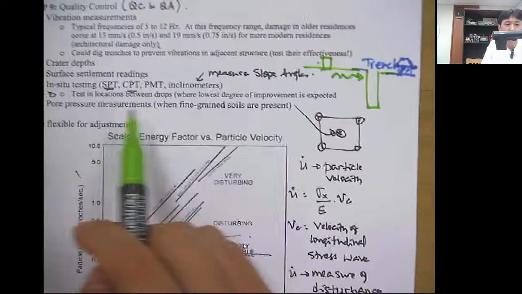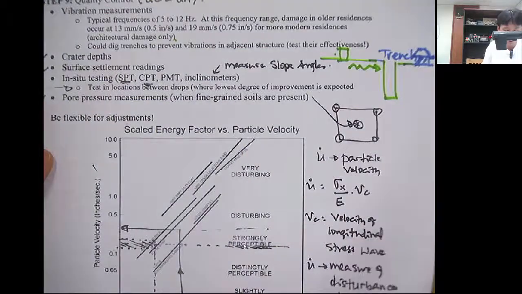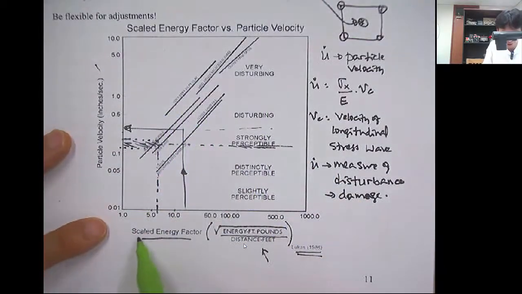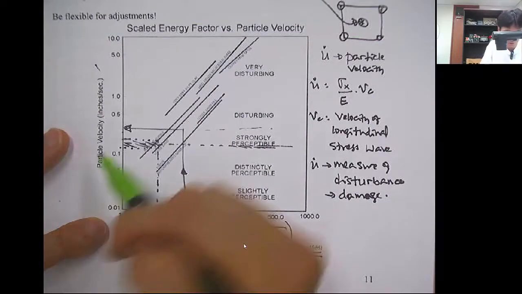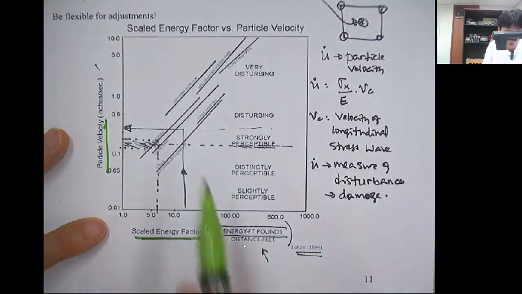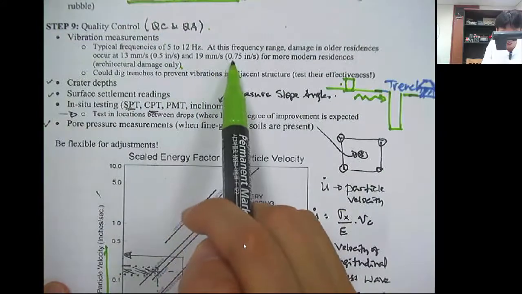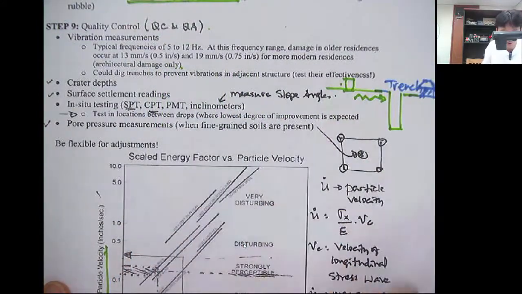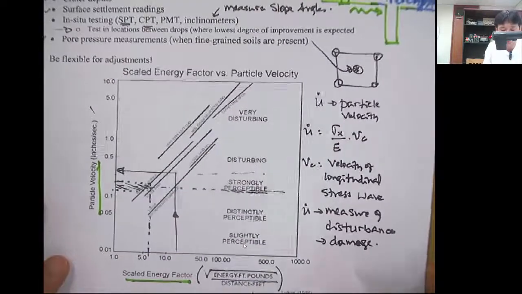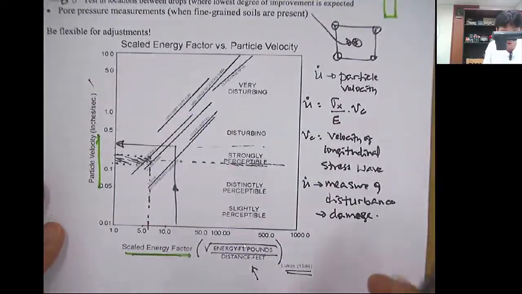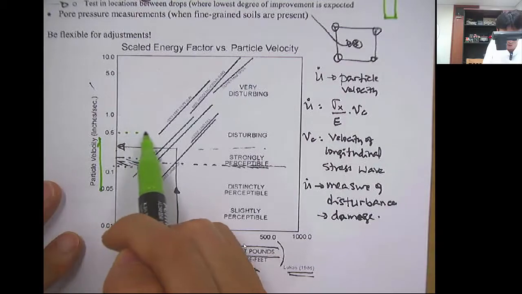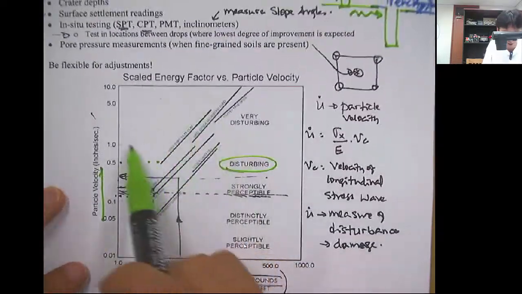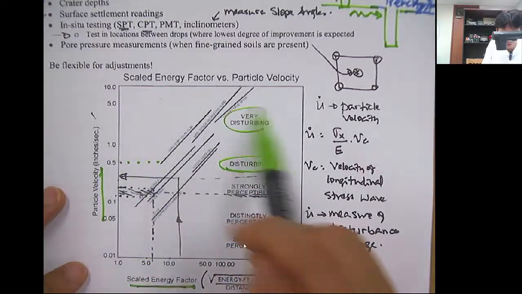And for quality control, okay, let's look at this graph first. This shows the energy factor, so energy versus the particle velocity. It says that 0.7 inches per second or 0.5 inches per second will cause damage in older and modern residences. So 0.5 is here, which is very disturbing, and larger than 1 is very disturbing.